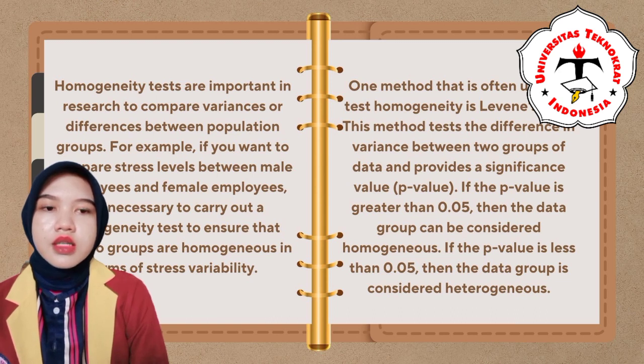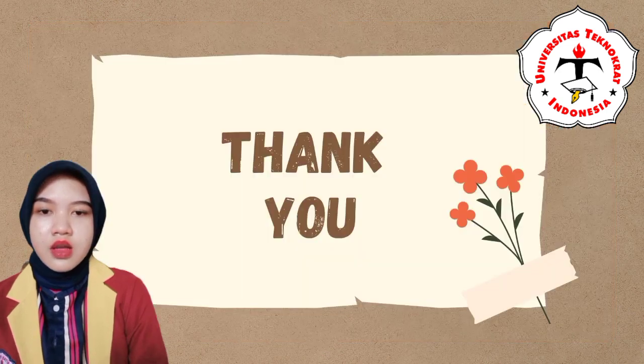This method tests the difference in variance between two groups of data and provides a significant p-value. If the p-value is greater than 0.05, then the data group can be considered homogeneous. If the p-value is less than 0.05, then the data group is considered heterogeneous.